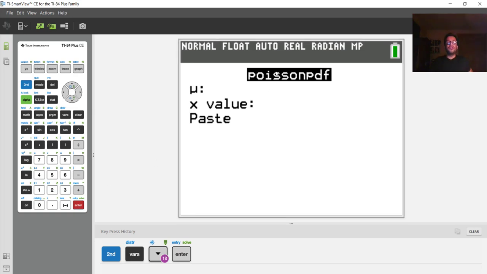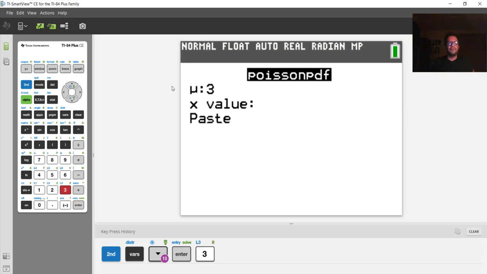Notice we have the letter mu right here, however for us it is lambda, which is the average, whatever that is. In this case, for us it is 3. And the x value that we want is 7 orders via Uber Eats, so 7, and let's paste.